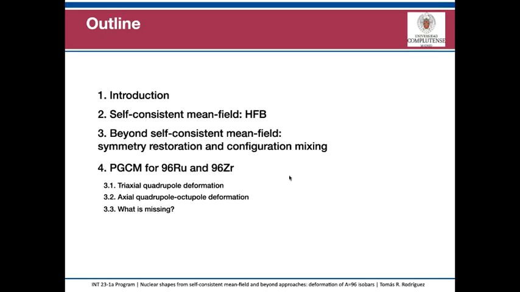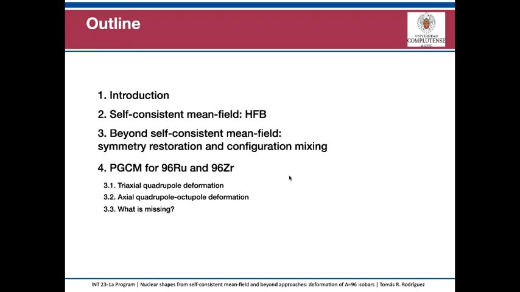I will give you a brief introduction, or maybe not that brief, about nuclear shapes, something that was already discussed by Magda yesterday. And then I will comment on how we define properly the shapes in microscopic theory, which is the Hartree-Fock-Bogoliubov theory, or extensions of Hartree-Fock or BCS, which is this mean field approximation.